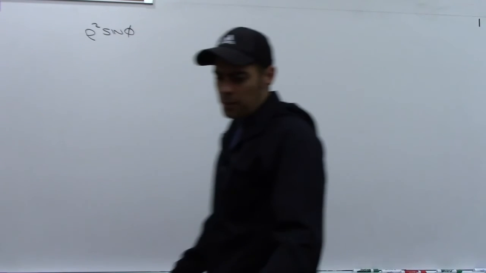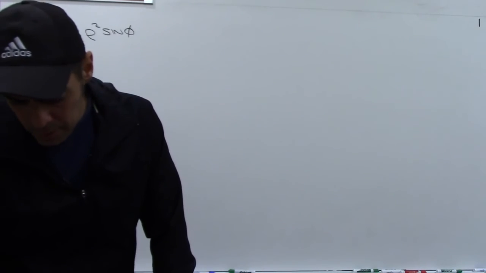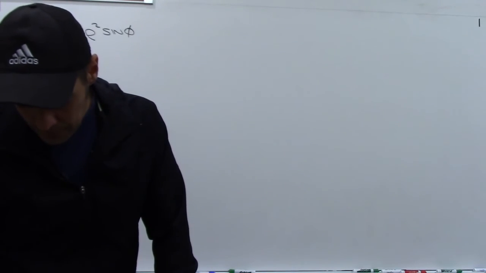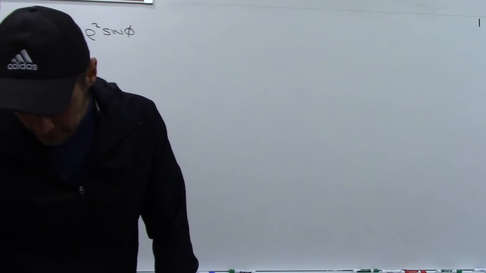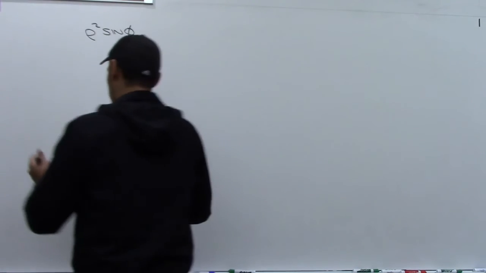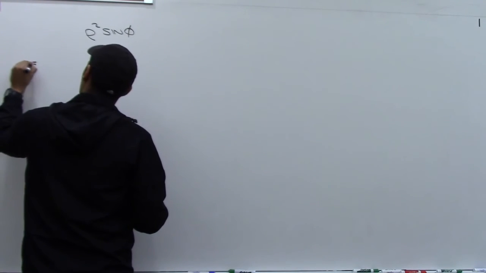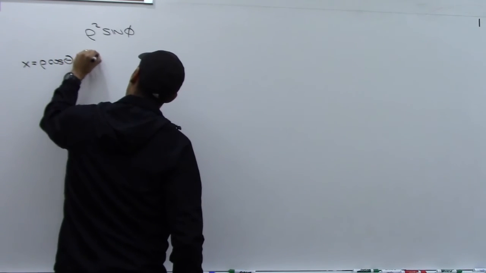So what you have to do is first remember what was the conversion that we used in spherical. Write them down, make sure I got them right here. Our conversions for spherical are x equals rho cosine theta sine phi.